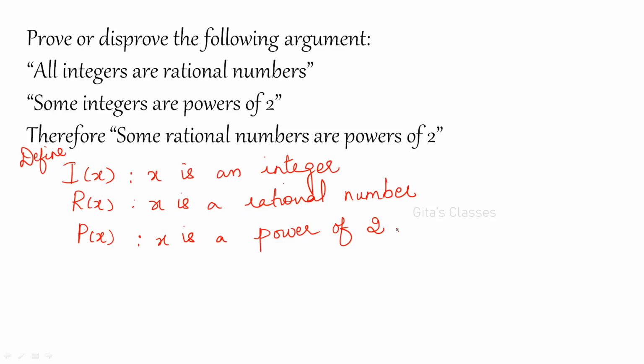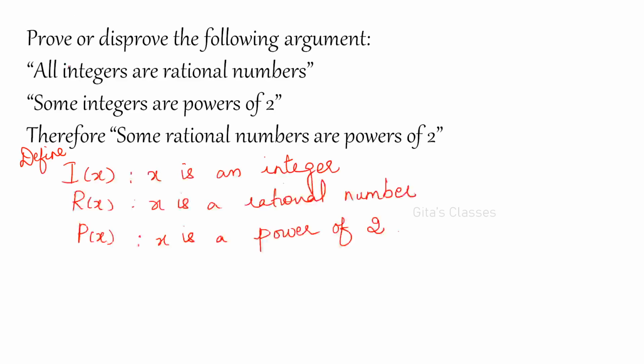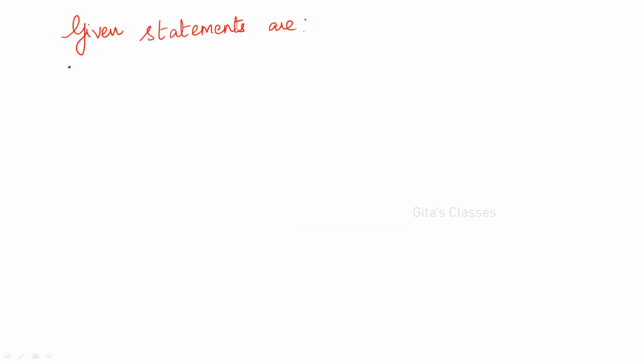So the given statements are: first one is all integers are rational numbers.